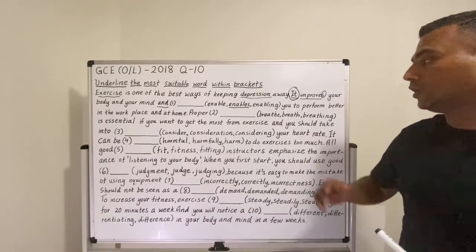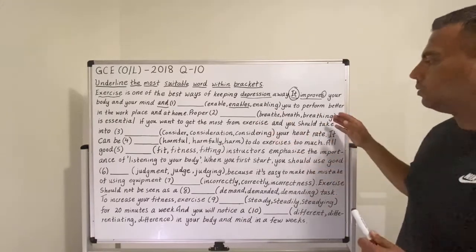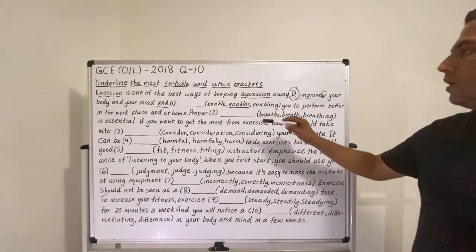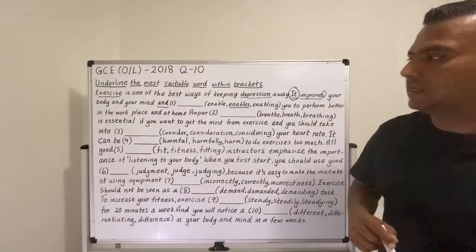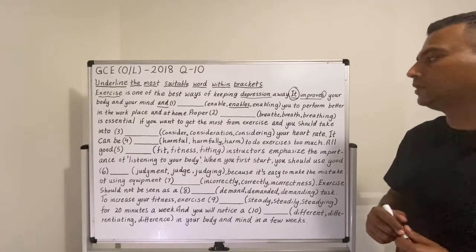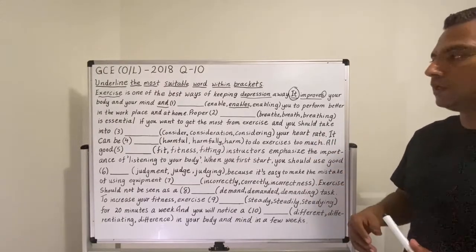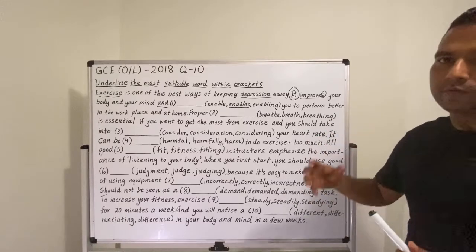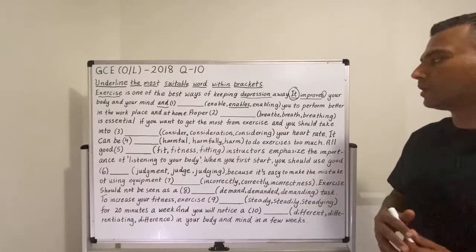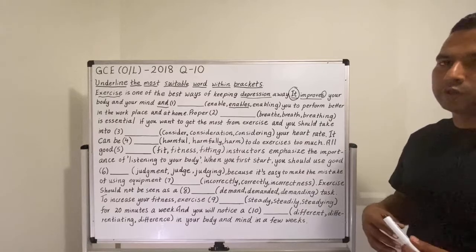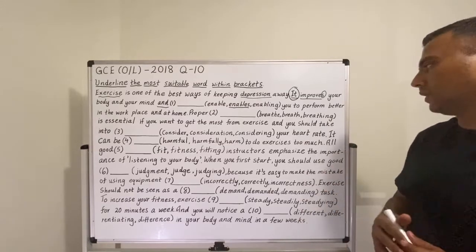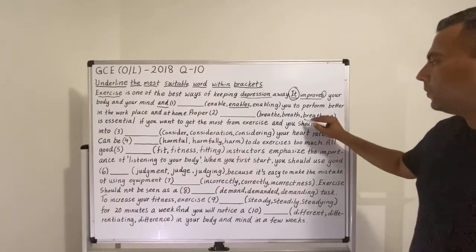But then we can't use breath because what it talks about is "proper blank is essential if you want to get the most from exercise." So they're talking about doing something. That means the process of taking breath into yourself and then putting it out. That process is called breathing.